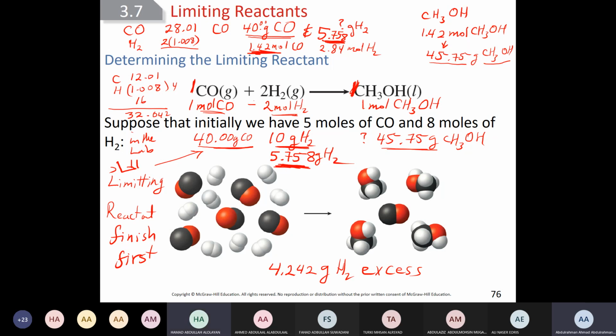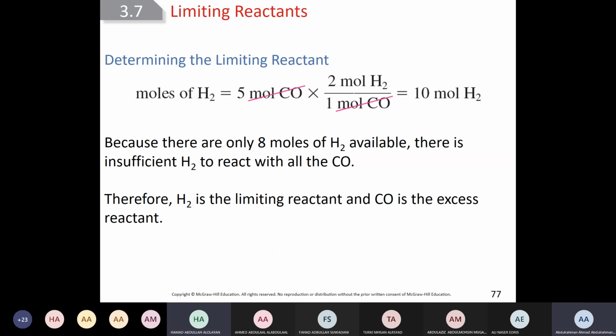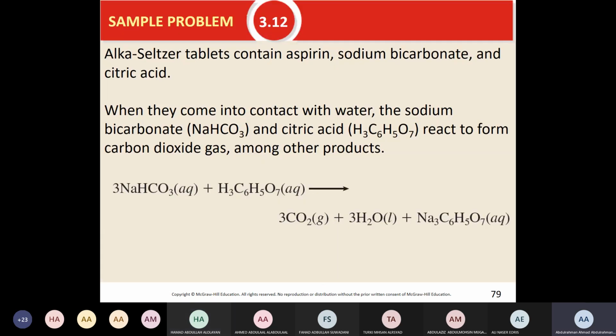Okay. Let me give you an example and we will do the same. If I give you this chemical reaction, look at the chemical reaction. What's the relation that you can write? 3 mole NaHCO3, sodium bicarbonate, yes, reacts with 1 mole citric acid, H3C6H5O7, citric acid, okay.